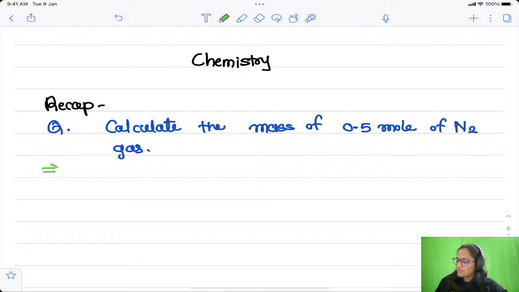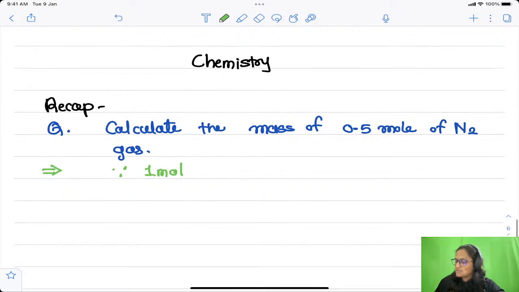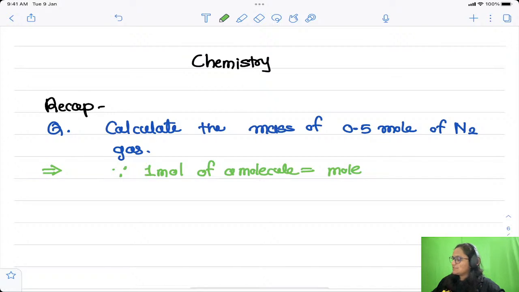Solution. As we know, according to the mole concept, 1 mole of any substance is equal to Avogadro's number. It is equal to its molecular weight or molecular mass, right? 1 mole of a molecule is equal to its molecular mass.